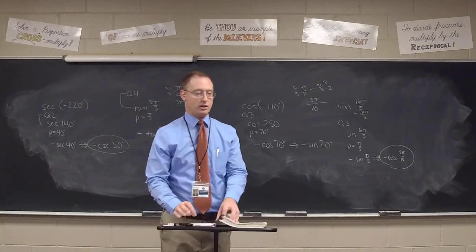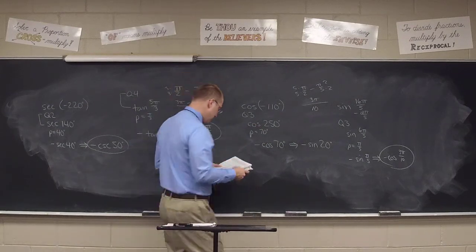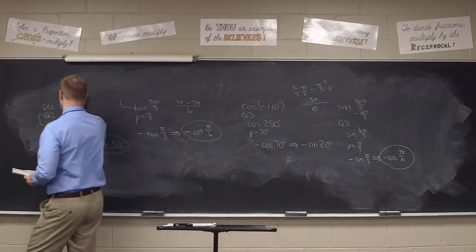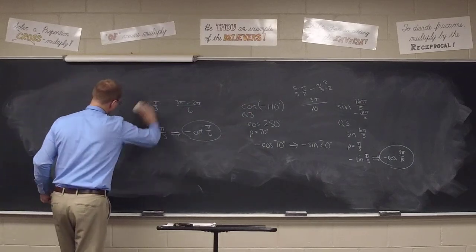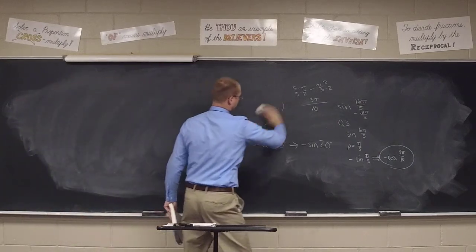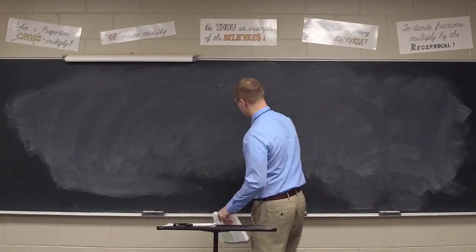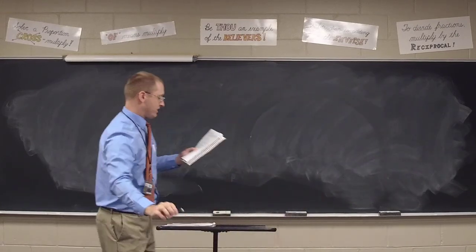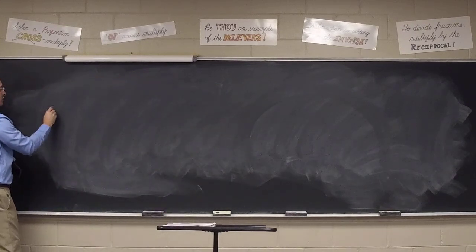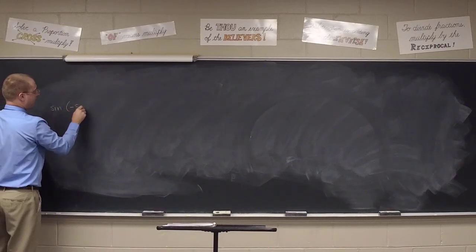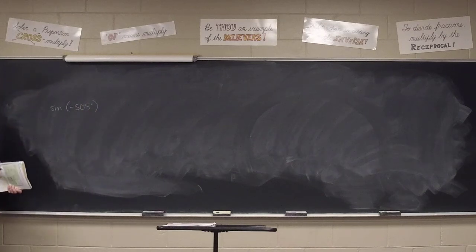Let's take a look at number 17. We've got the sine of negative 505 degrees. Jamie, thoughts on negative 505 degrees? You need to add 360 to it.